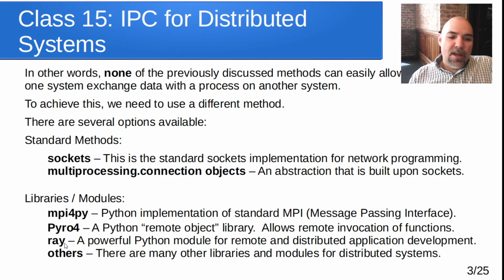And there's also Ray, which is a powerful module for remote and distributed applications specific to Python. MPI is not specific to Python exactly. This is a Python implementation of a standard message passing interface, so you could have that work in C, C++, C#, all kinds of other languages, but there is a Python implementation of that. Pyro and Ray are a little more Python specific, but if you're writing a large distributed application, you might take a look at these because they have a lot of things to offer. But we're going to focus today on sockets and multiprocessing connection objects.